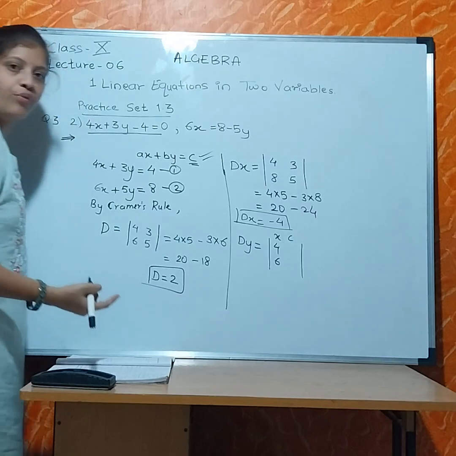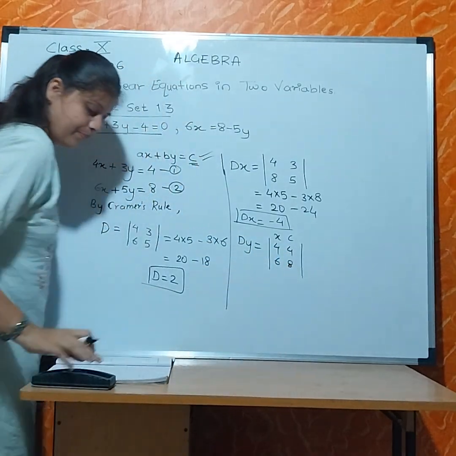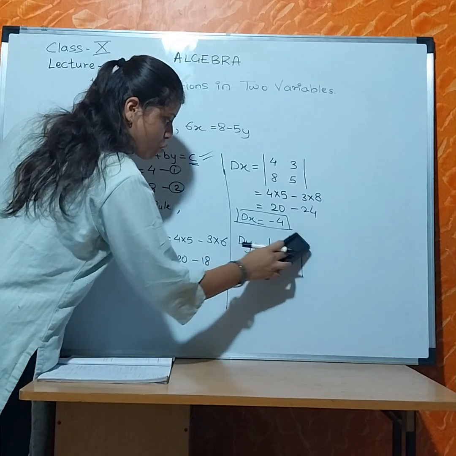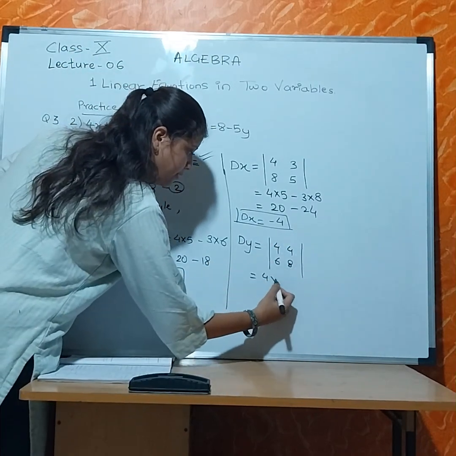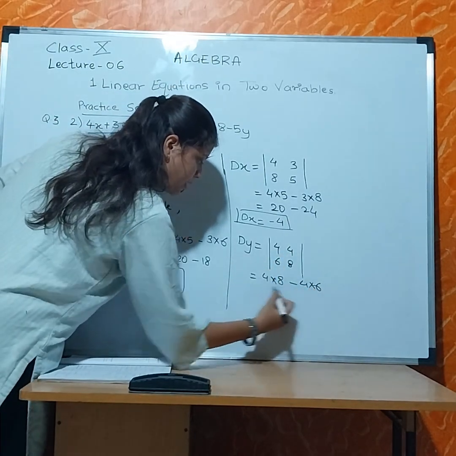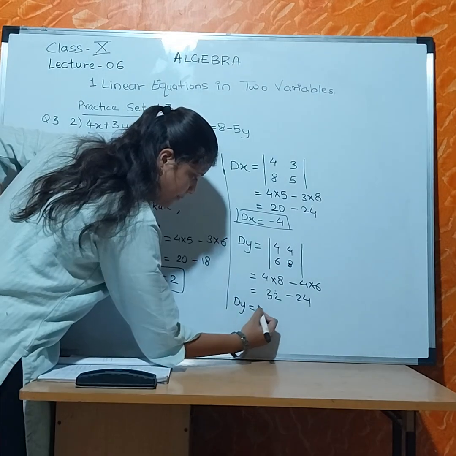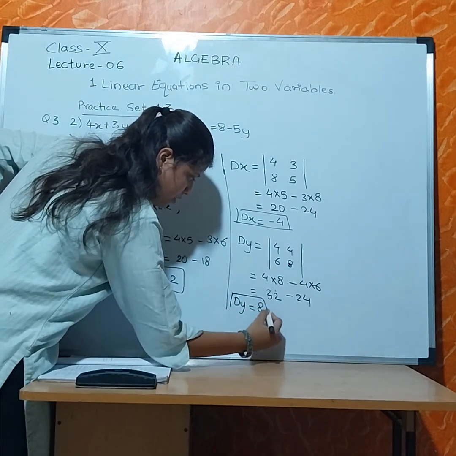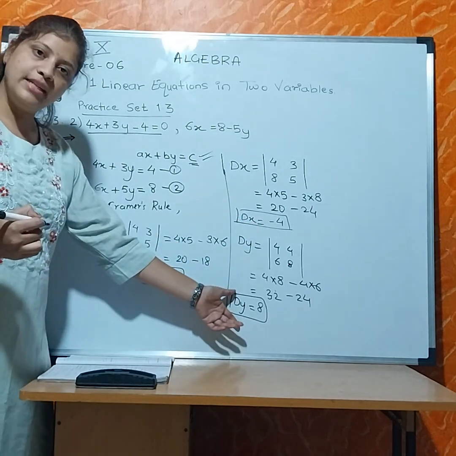And what are the values of the constant c? 4 and 8. Now 4 into 8 minus 4 into 6. So 32 minus 24, what is the answer? Dy is 8. So we got the values of D, Dx and Dy.